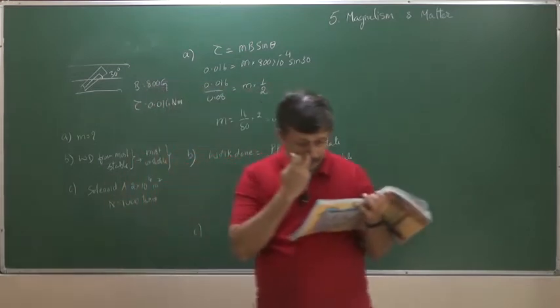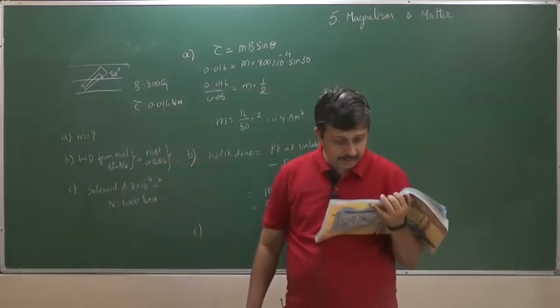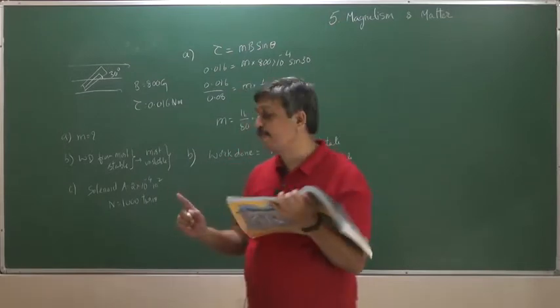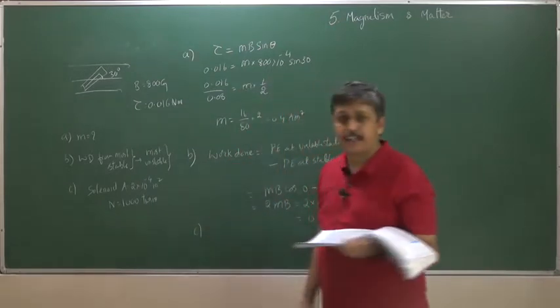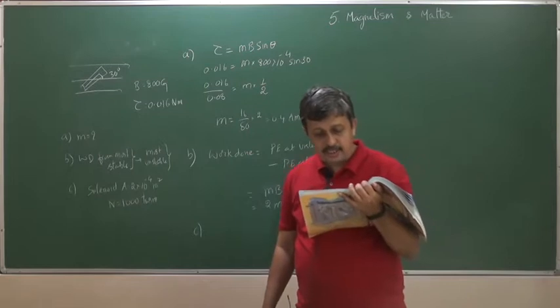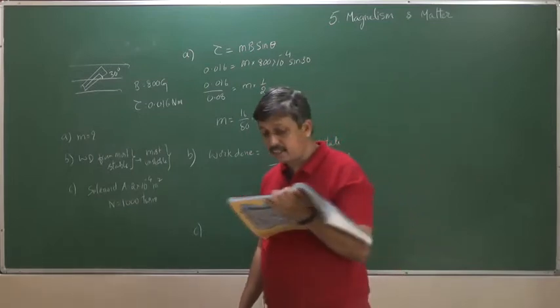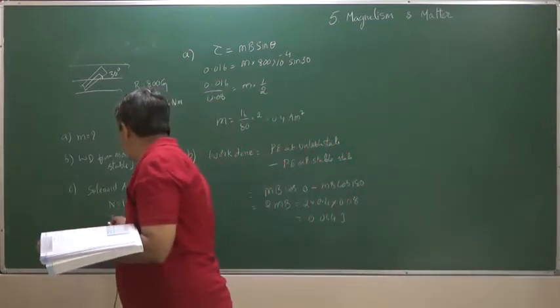It produces the same magnetic moment of 0.4. Determine the current flowing through the solenoid. I is equal to how much?